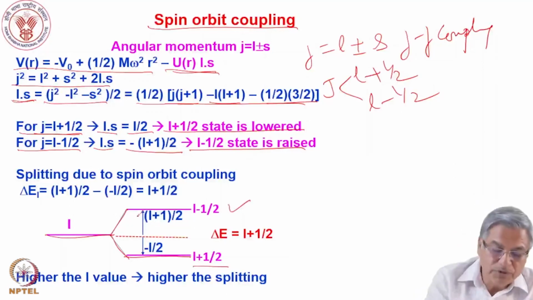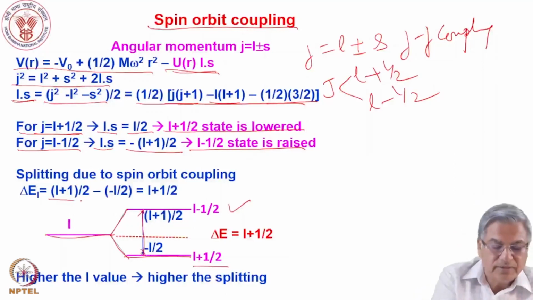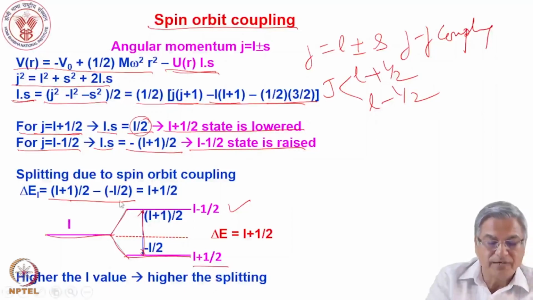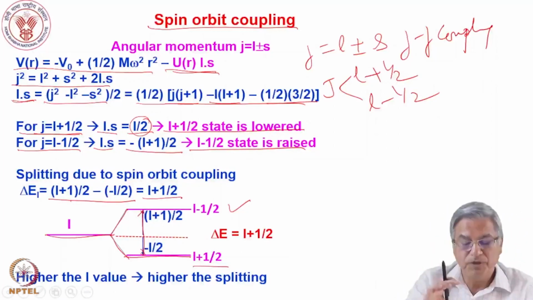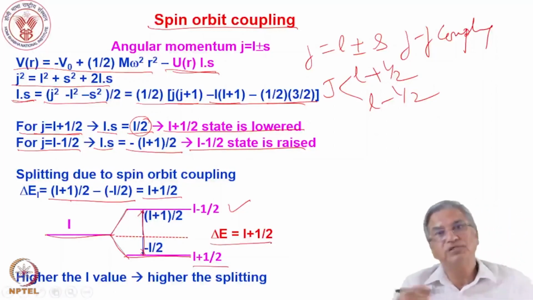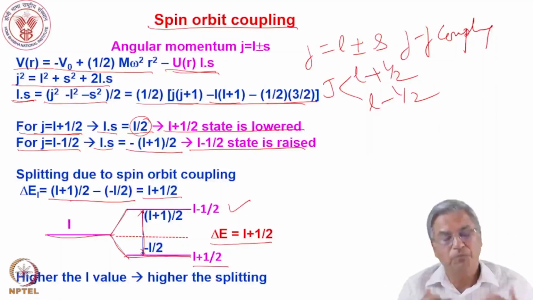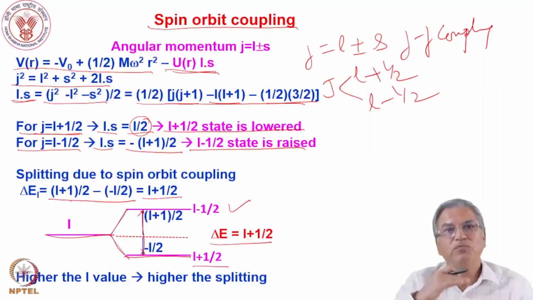The splitting between these two states, you can calculate from here: L by 2 minus minus (L plus 1) by 2, so that is (2L plus 1) by 2. This is the gap between the two states. You can see here that as you go to higher and higher orbital angular momentum values, the gap between L plus half and L minus half is increasing.